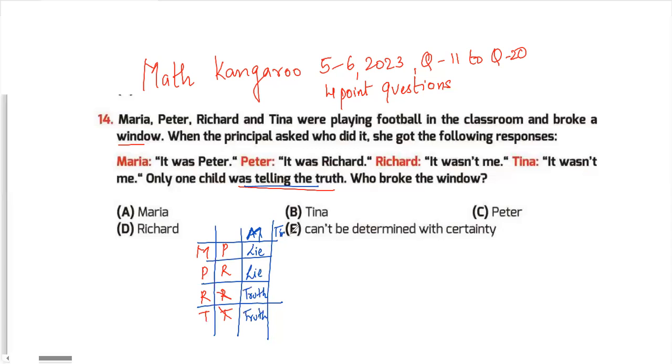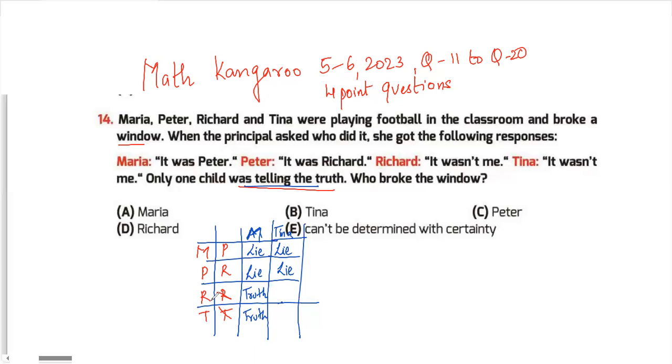So now we go to option B, assuming that Tina broke the window. So now if Tina broke the window and Maria says that it was Peter, that means Maria was lying. And if Peter says that Richard broke the window, so again Peter is also lying.